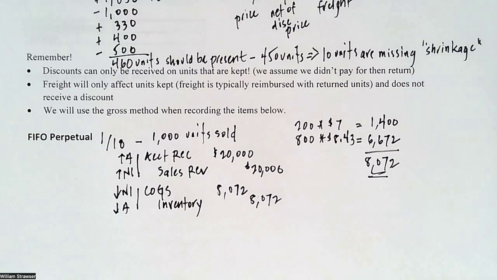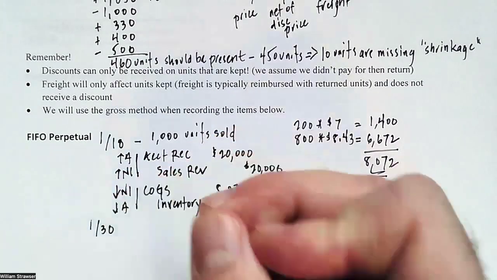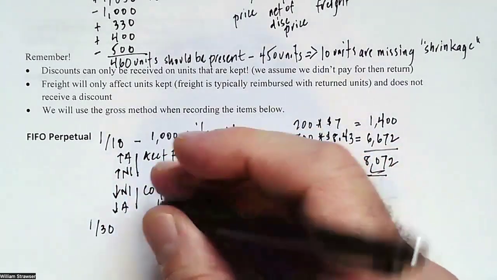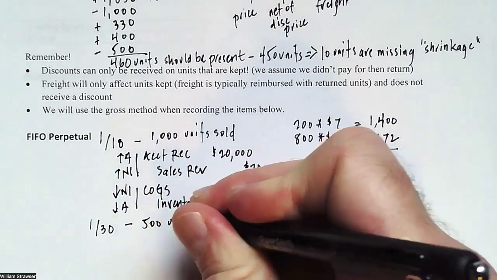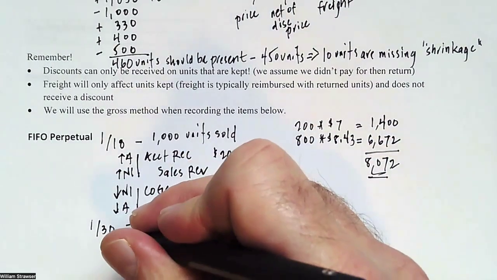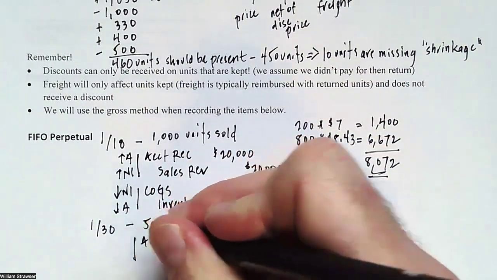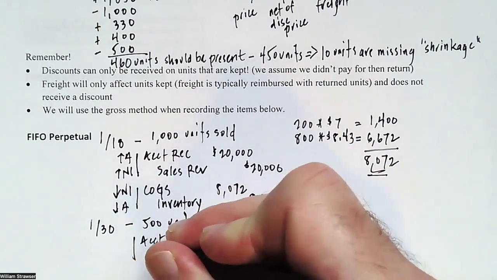Now we're going to go to the January 30th sale. So on January 30th, according to the table, I sold 500 units. And those 500 units were again sold for $20 each. So I can make the accounts receivable entry, record sales revenue.